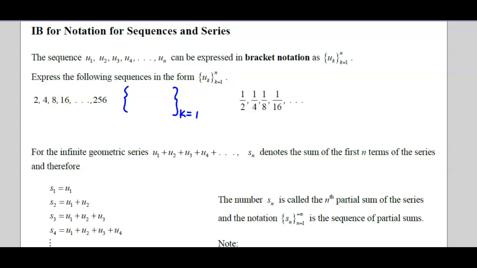So take a look. If I'm adding 2, it doesn't work, right? So 4 divided by 2 is 2, 8 divided by 4 is 2. So this is geometric, where my first term is 2, my common ratio is 2.